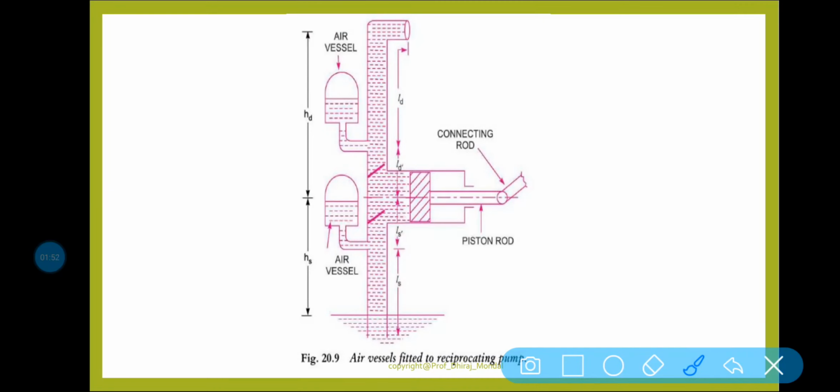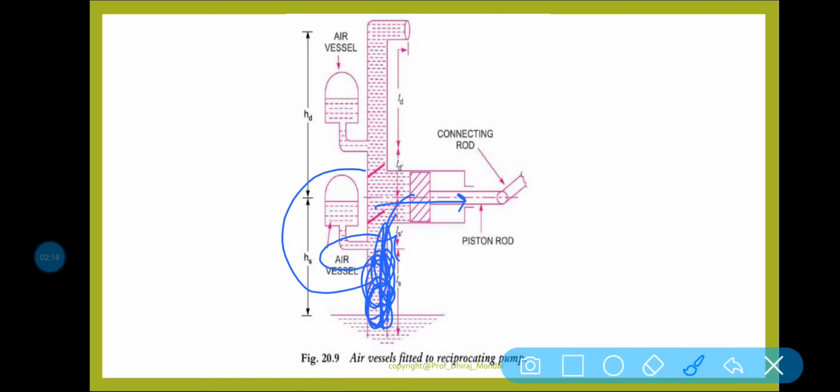As you know, when suction is occurring, the suction pipe is not completely full of water. There may be some void, or some air particles inside the suction pipe. Now, what is the function of the air vessel?